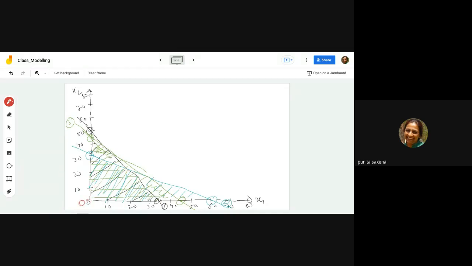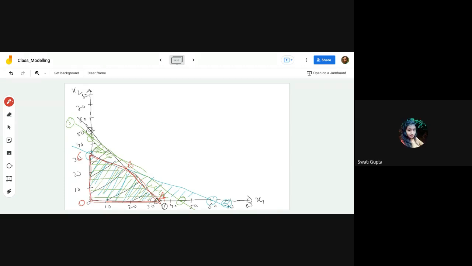I name it O, I name this A, I name this B, and I name this C. These are the boundary of the convex polygon that you have got.